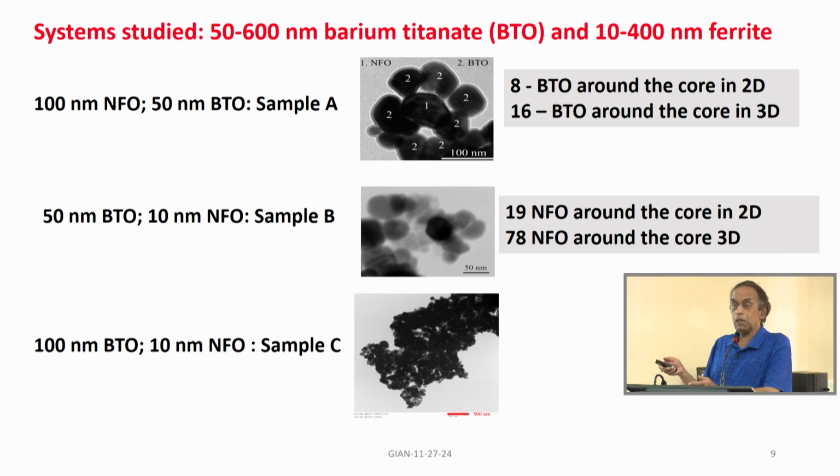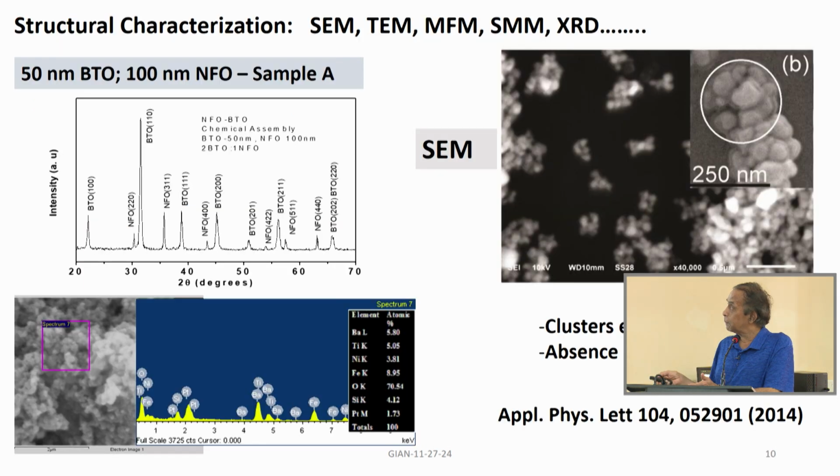If it is too small, there is hardly any magnetostriction in nickel ferrite, then you may get core shell particles, but there is no magnetoelectric interaction. Okay. So, the optimum size would be at least 20 nanometer for nickel ferrite or above, and the threshold for barium titanate is probably 50 nanometer to maintain the ferroelectric nature.